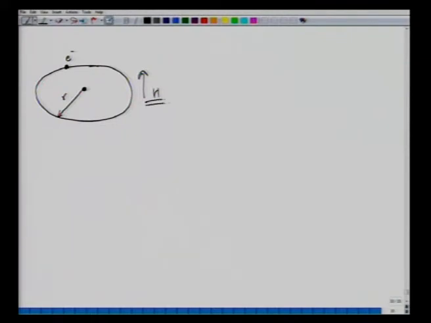Now, when you put on a magnetic field, there is something in physics called Faraday's law.